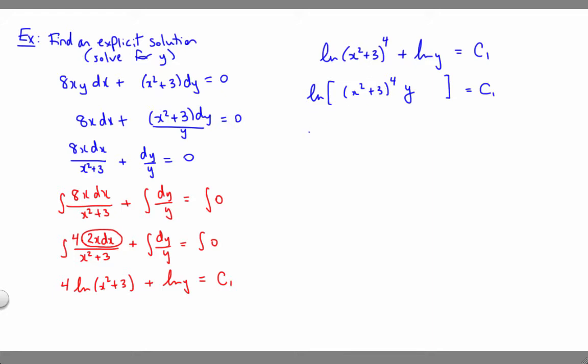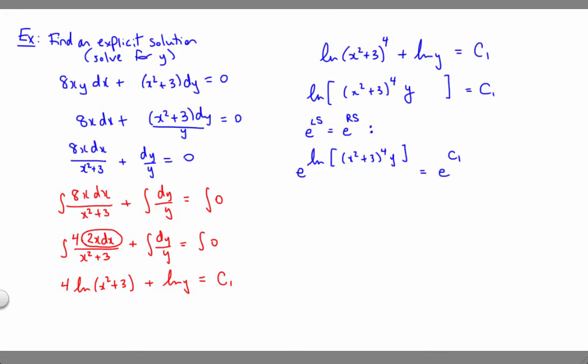So what we want to do at this point is we'll say if the left side and the right side are equal, then e to the left side must equal e to the right side. So we're going to go e to the left side equals e to the right side.